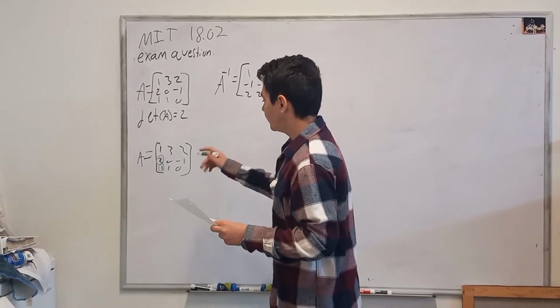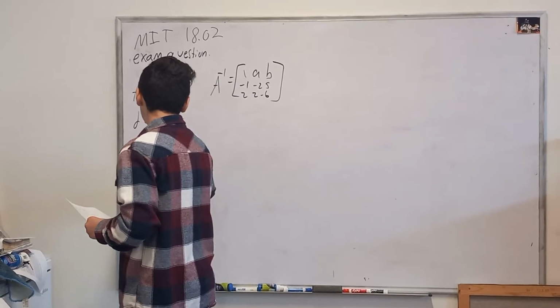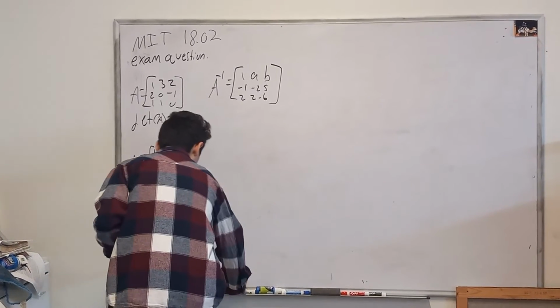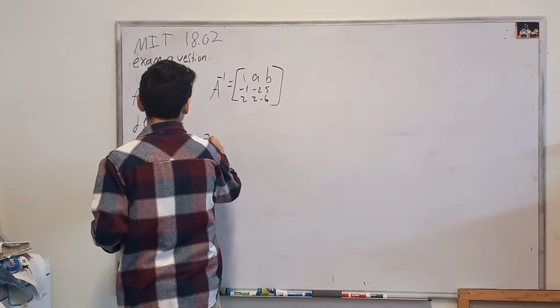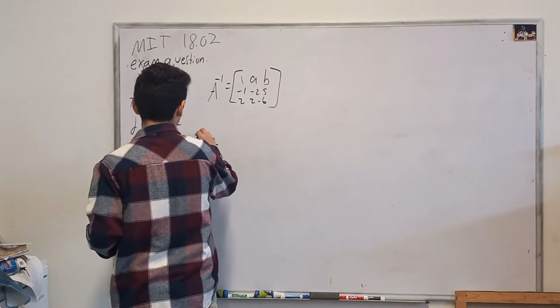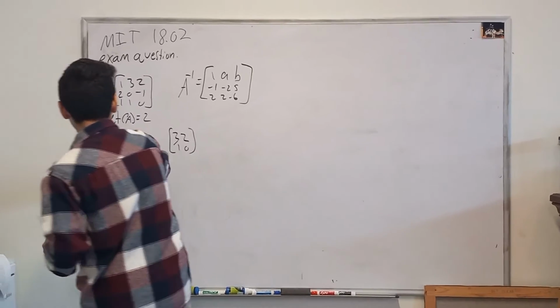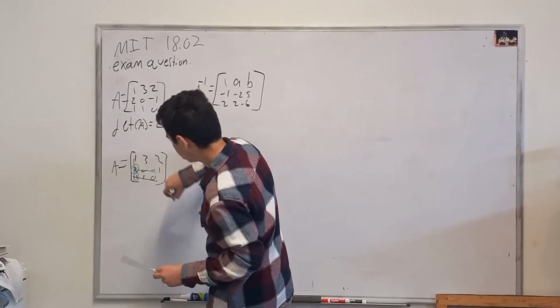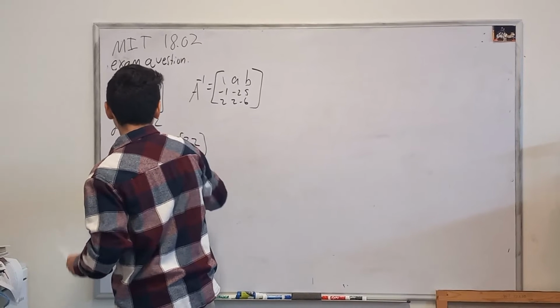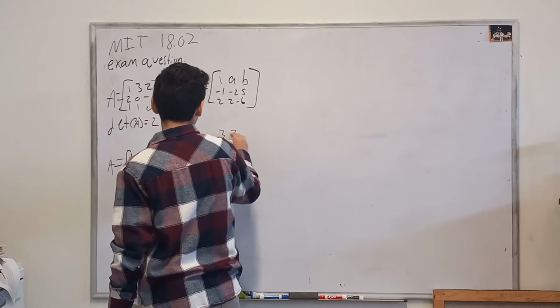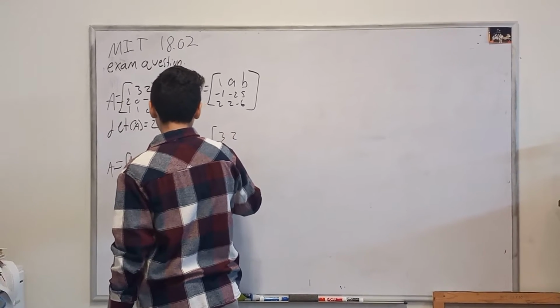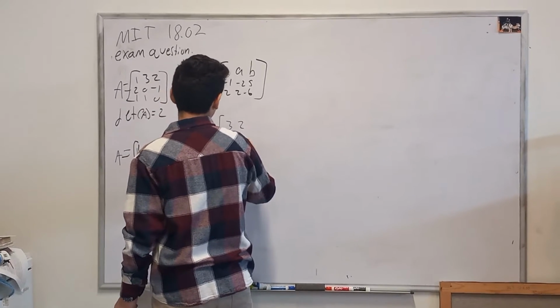For 2, we're just going to delete that row and that column, which leaves us with 3, 2, 1, 0. And then for 1, we delete that row and that column, which leaves us with 3, 2, 0, negative 1.